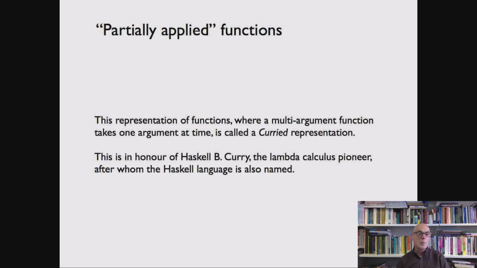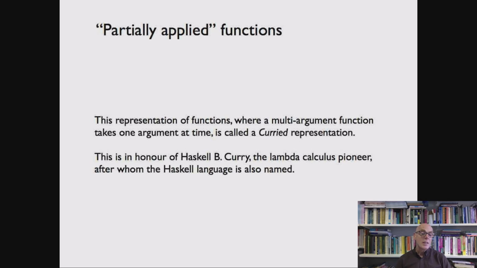Now let's have a look at an example. Oh, sorry, before we move on, I wanted to say something about what these functions get called. This sort of representation of addition as a function that takes one argument and gives you back a function, which you could then apply to another argument, is called a curried representation. Nothing to do with the food, it's all to do with Haskell Curry, who was a pioneer of the lambda calculus, one of the theories that fed into functional programming, developed first in the 1930s.